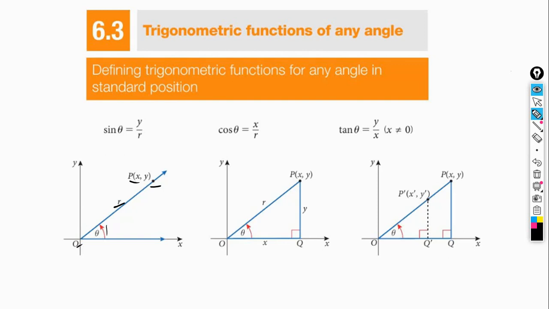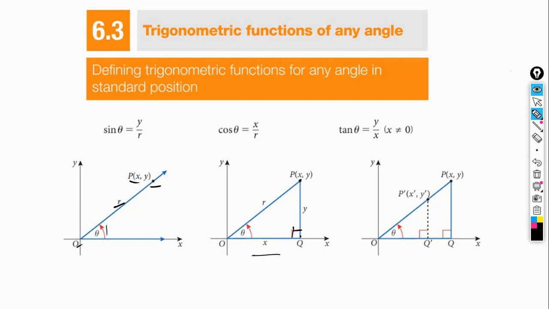If theta is an acute angle, then we can construct a right-angled triangle, POQ, as we can see in this figure over here. And we do that by dropping a perpendicular from P to point Q. So we can see that this line is perpendicular, and this point Q is obviously on the x-axis.